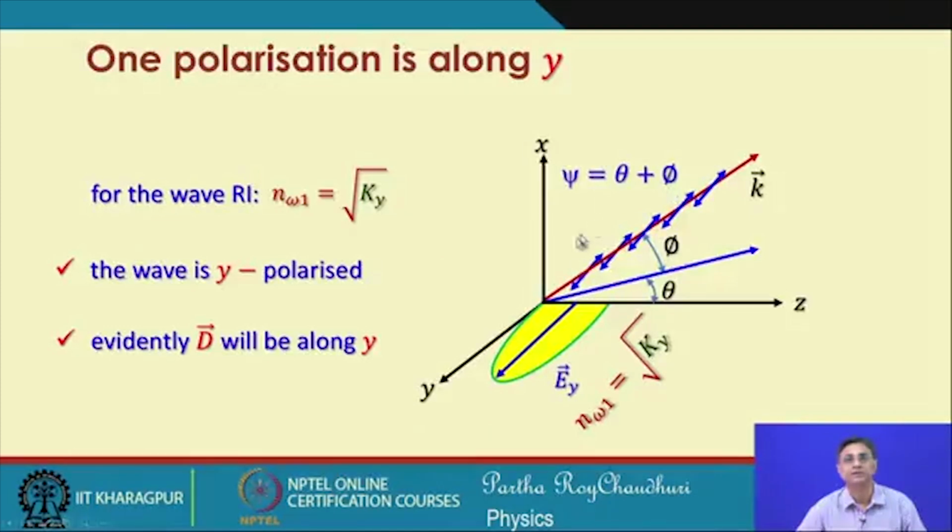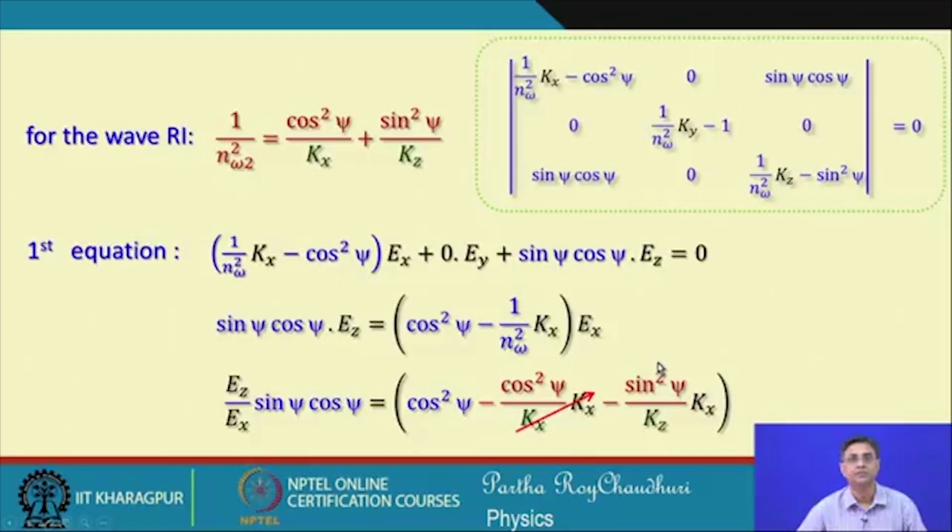So, the other polarization will be this, even though the wave is travelling along this direction, the direction of polarization, the direction of the electric field vector is along the y z plane, and it is pointing along the y direction, and the value of the refractive index is square root of k y.